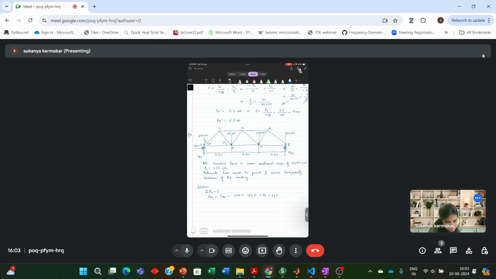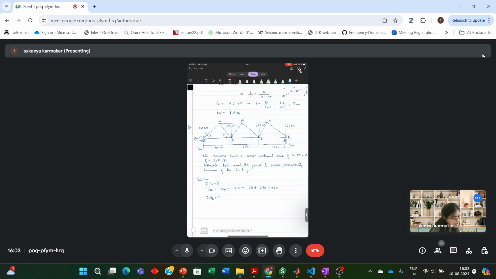Then you can write the moment about point R. Let's take clockwise moment to be positive.